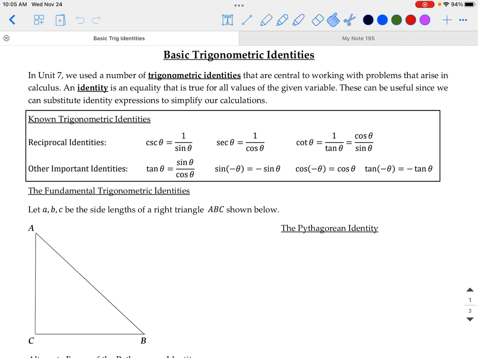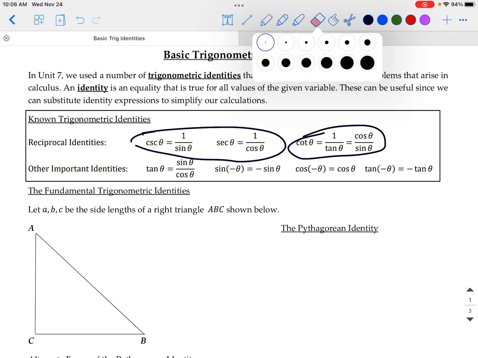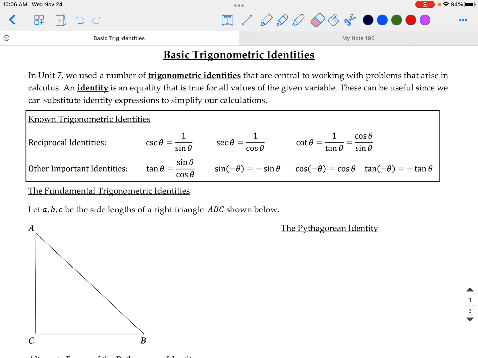So up at the top in the box here, we've got some known trigonometric identities that we've worked with in Unit 7. So in particular, the reciprocal identities, cosecant, secant, and cotangent, which all relate to the sine and cosine functions. Cosecant is the reciprocal of sine, secant is the reciprocal of cosine, and cotangent is the reciprocal of the tangent function.